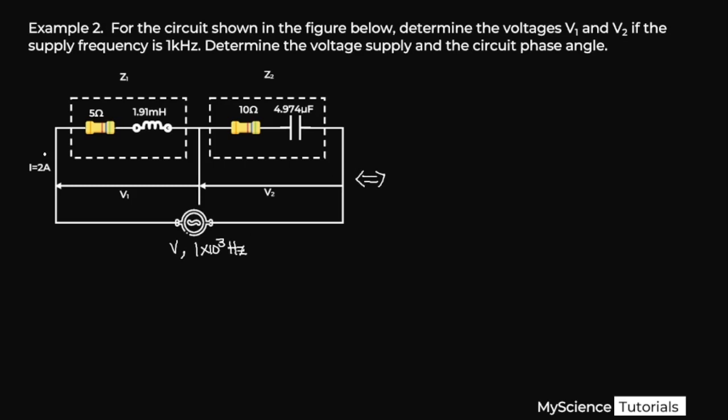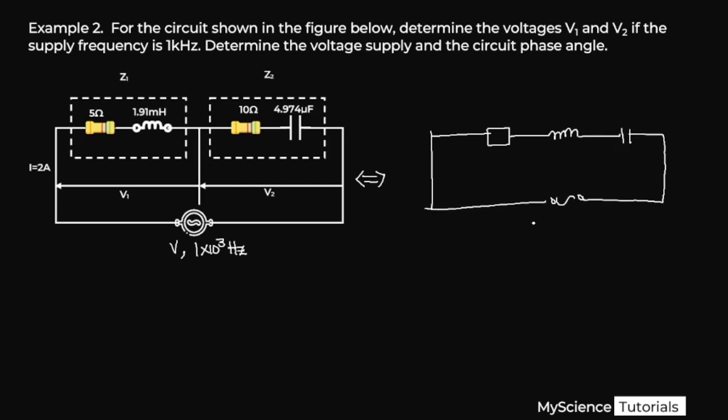Now the first thing we always do is to try to simplify the circuit so that we can go ahead and do our calculations. In simplifying this circuit, we are going to have just one resistor, one inductor, and one capacitor connected to an AC source. We don't know the voltage, but we know we have a 1 kilohertz frequency supply.